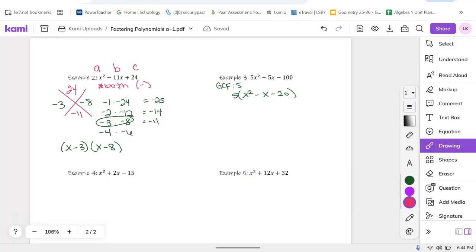Then I'm going to label a, b, c. C goes on top, which is negative 20. B goes on bottom, which is negative 1. So they are both negative, which means my bigger number has to be negative.